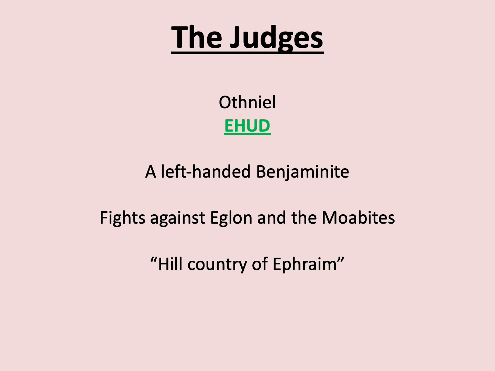What's more important is the fact that he's a left-handed Benjaminite. We will see left-handed Benjaminites at the end of the book of Judges, Judges chapter 20, when we read about 700 chosen men of Benjamin who are all left-handed and who can sling a stone with a sling at a hair and not miss, according to chapter 20, verse 16.